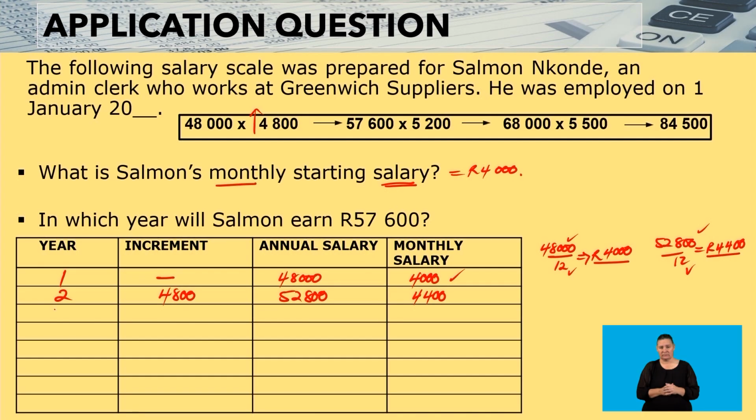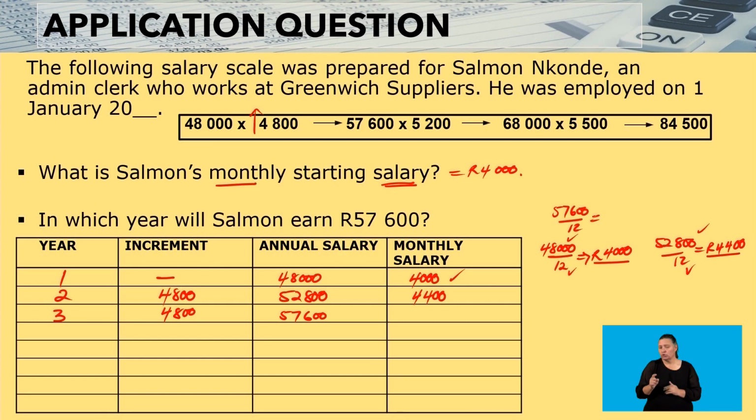Let's continue. In year three, he'll get again the increase of 4,800, and his annual salary will now increase to 57,600. His monthly salary will be 57,600 divided by 12.